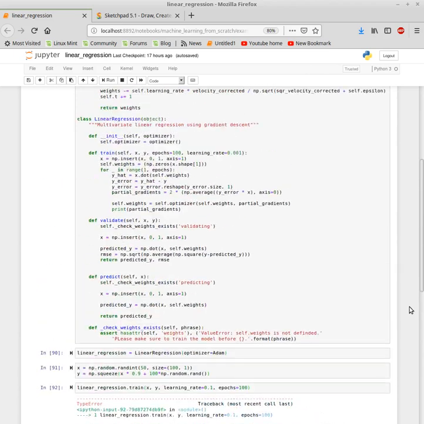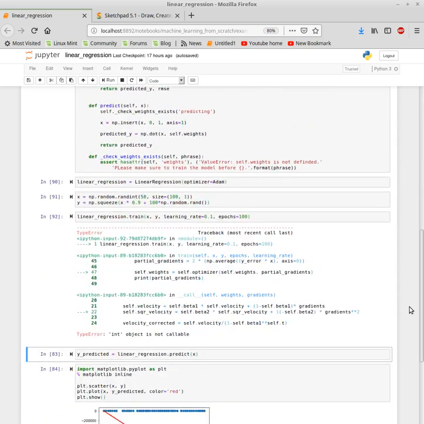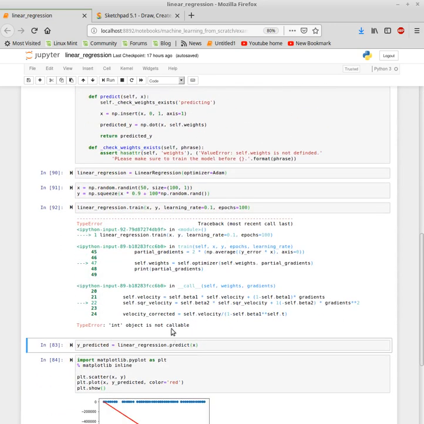Self.square velocity. Self.square velocity.